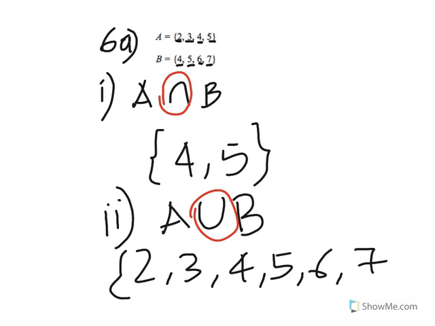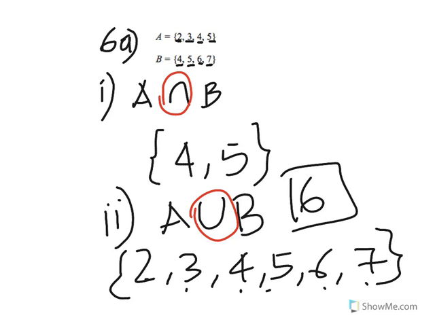Now you have to find out the number of members. So 1, 2, 3, 4, 5, 6. So 6 is the answer, because there are 6 members in A union B.